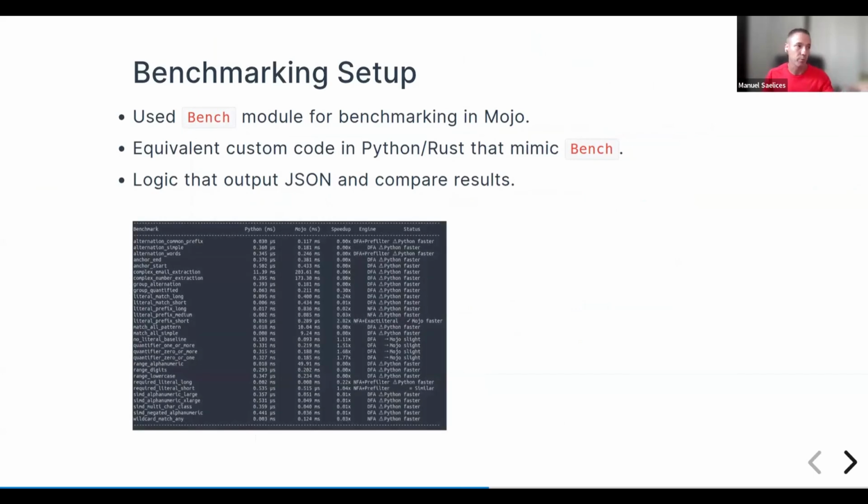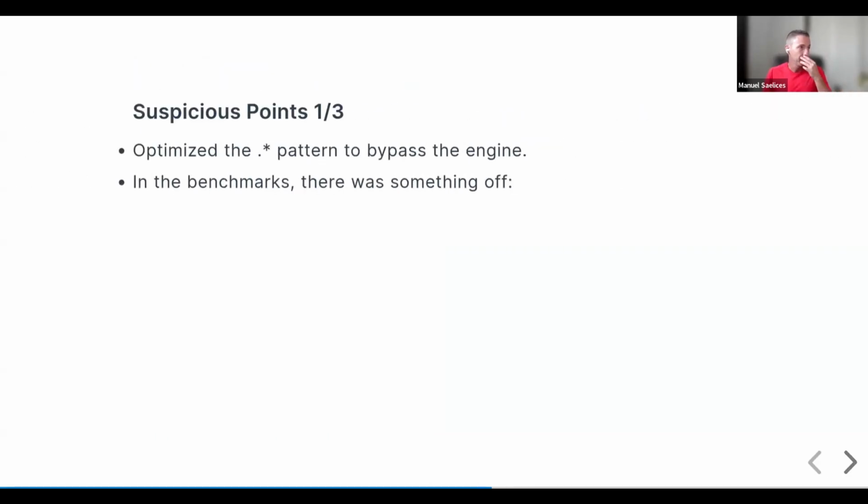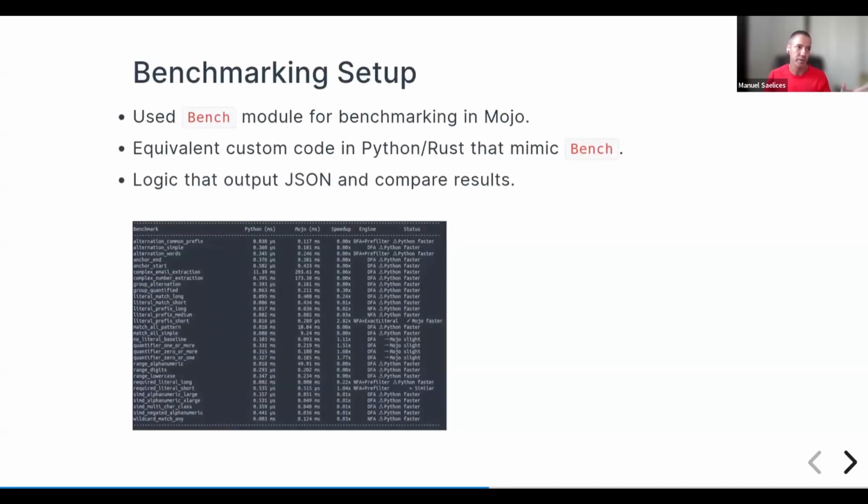So there was a table with the columns for Python, Mojo, speedup, etc. But I told you at the beginning of the talk that benchmarking is tricky, is hard. And today I just realized that there is something off in the previous comparison I am using as a reference of how fast the library is.